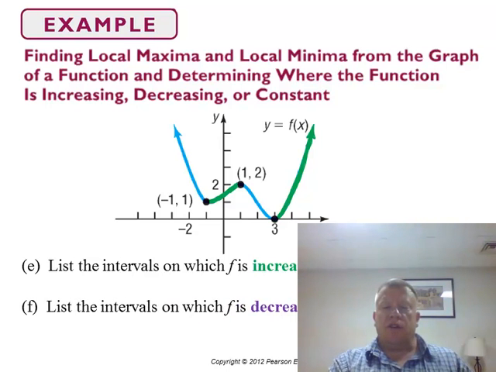The function is decreasing over here to the left and also from 1 to 3, so those two purple regions: from -infinity all the way to -1, and also from 1 to 3, as you see right there.